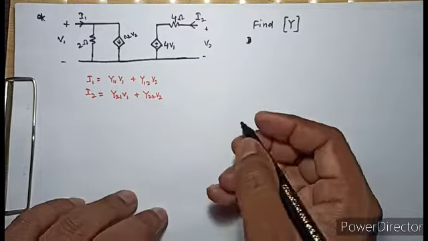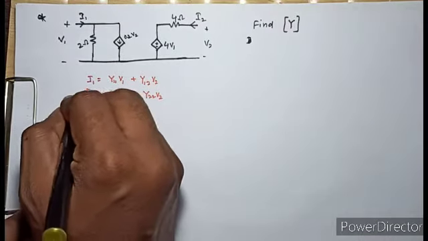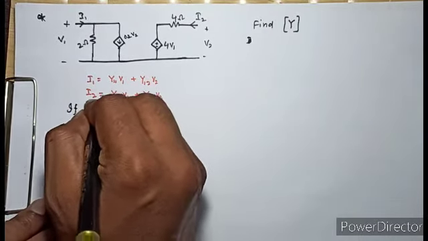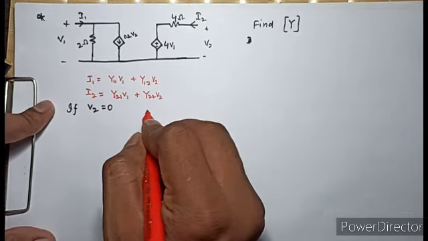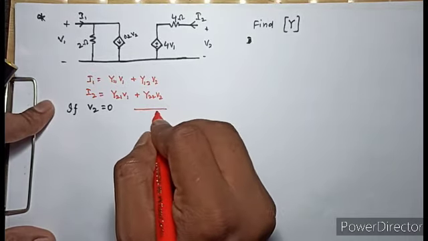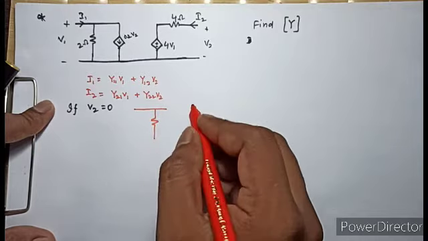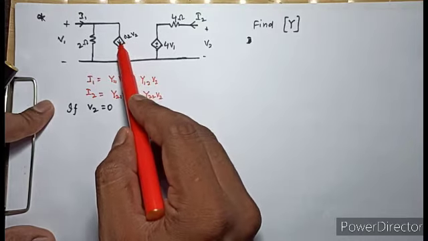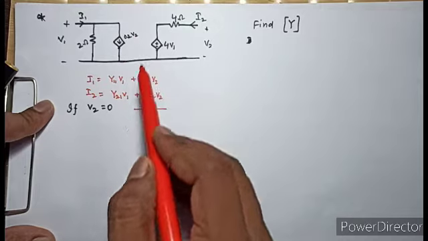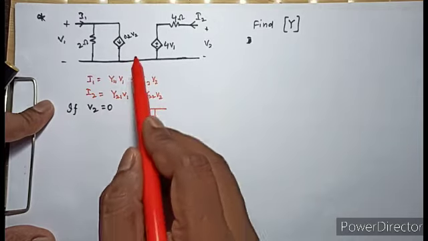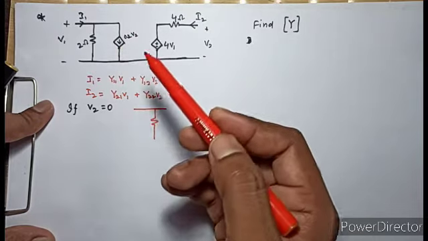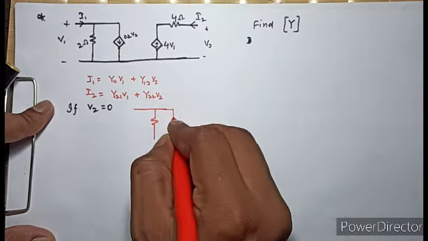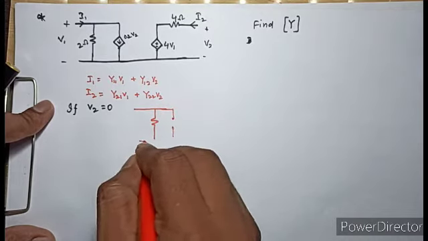Now if V2 is equal to 0, then the circuit will become: this will remain. Now since this is a current source depending on the voltage V2 and if V2 is equal to 0, the value of this will be 0. So a current source with 0 value will be represented as open circuit, isn't it?